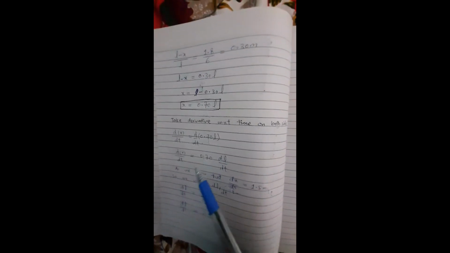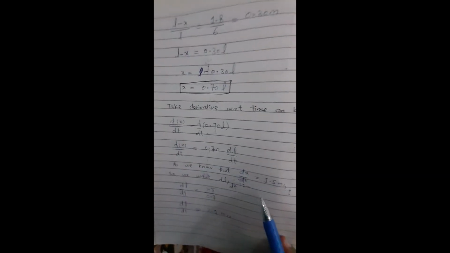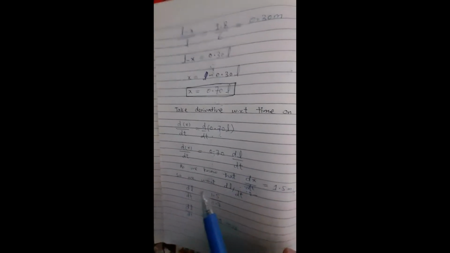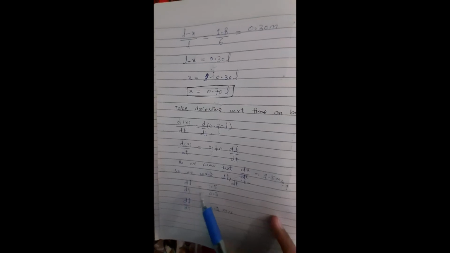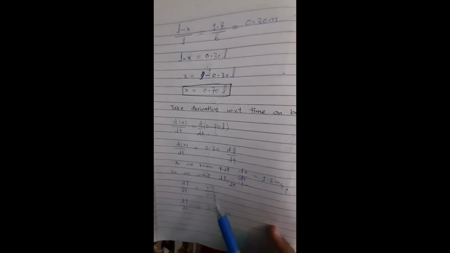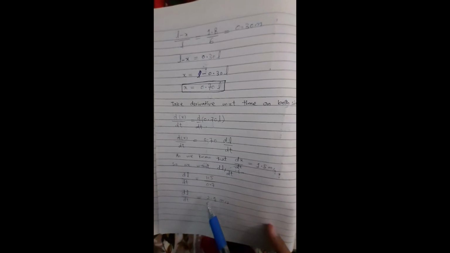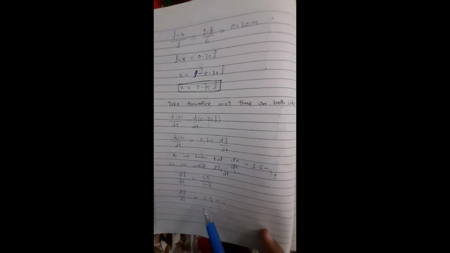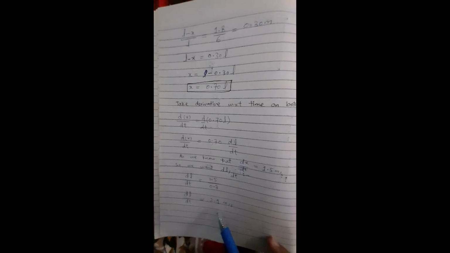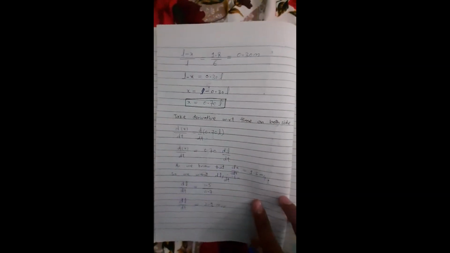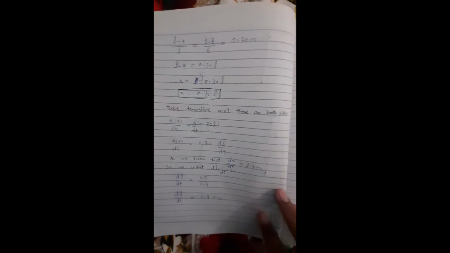We know that dx/dt is equal to 1.5 meters per second, and we want dL/dt. So dL/dt is equal to 1.5 divided by 0.7. We have our final answer: 2.1 meters per second. So this is the answer.